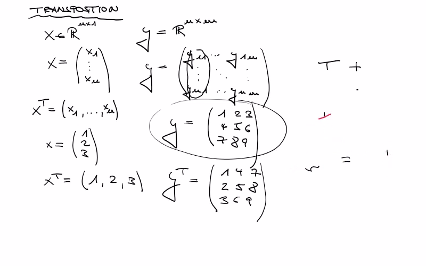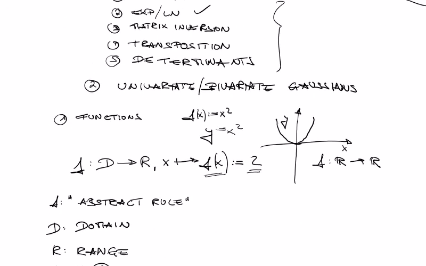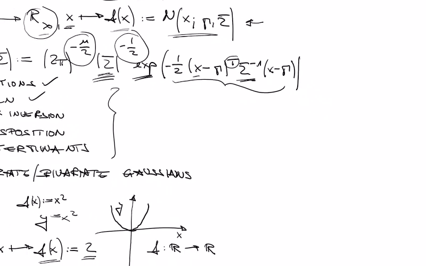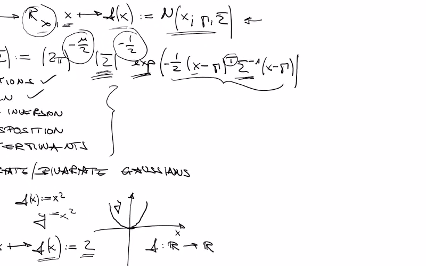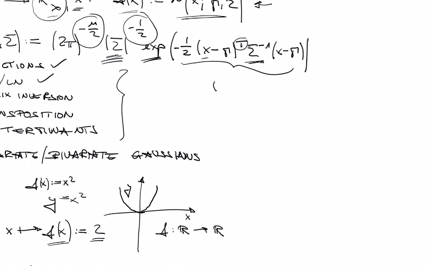And this we also see in our little equation here. Let's actually have a closer look at that. We for now ignore this sigma to the power of -1 because we don't know what that is.